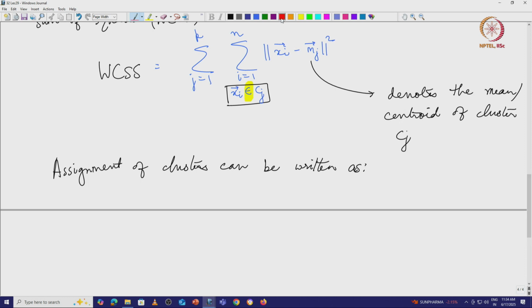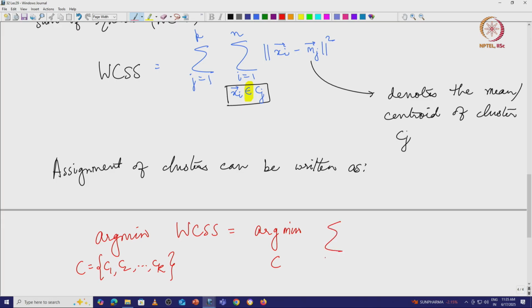Okay. So, you are trying to find the clusters, the argument, which is the set of clusters C1, C2 up to Ck, which minimize the within cluster sum of squares. So, it is the argument which leads to the minimum value of the WCSS, and the arguments we are varying are basically the clusters themselves.